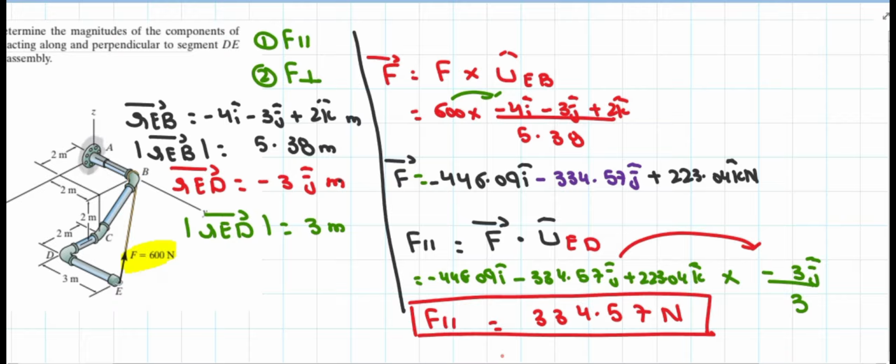Now, our first step is completed and our second step is to find the perpendicular component of this force. So without any delay, let's start, and I want you to write this down in your notes.